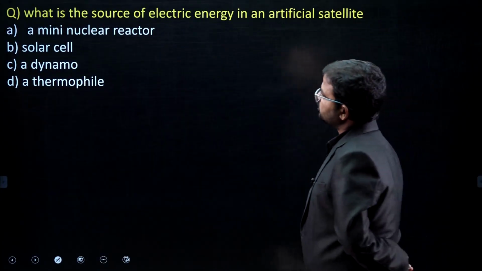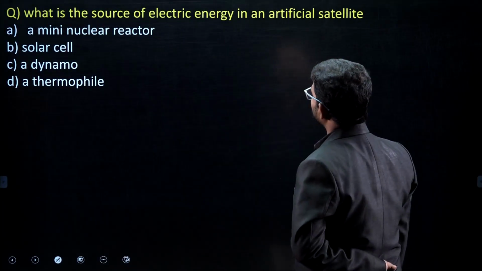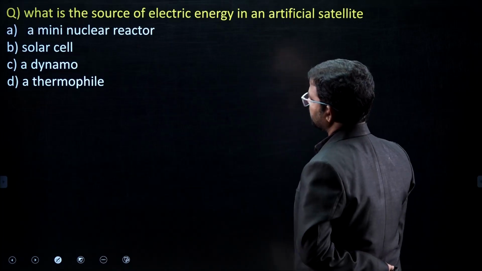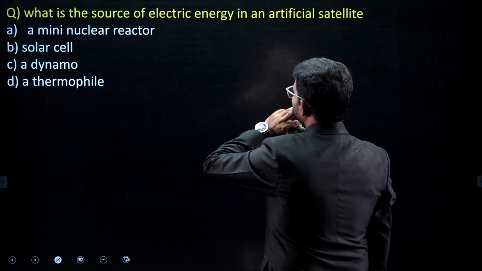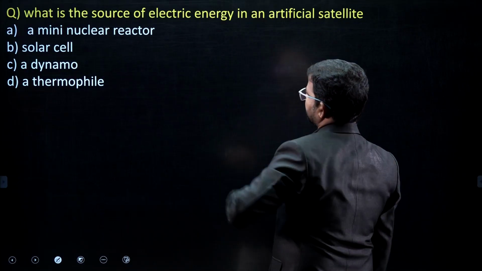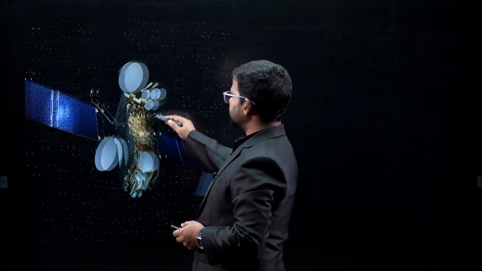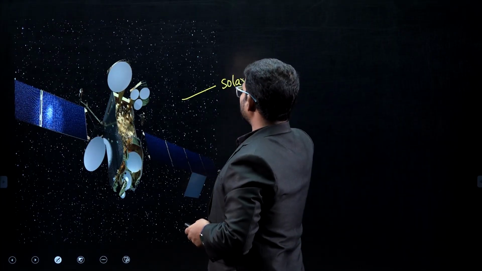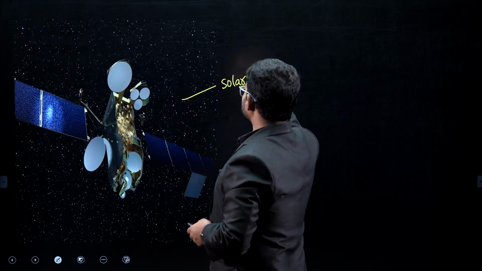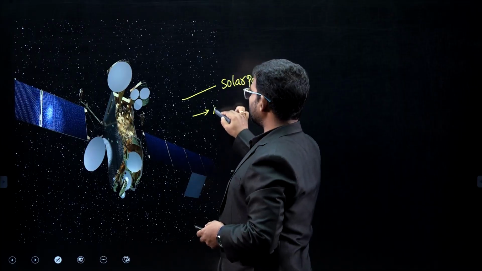Next, what is the source of electric energy in an artificial satellite? In artificial satellites we mostly use solar panels or nuclear batteries.